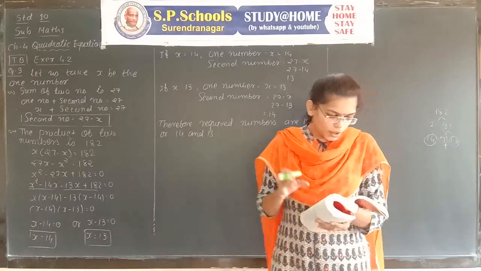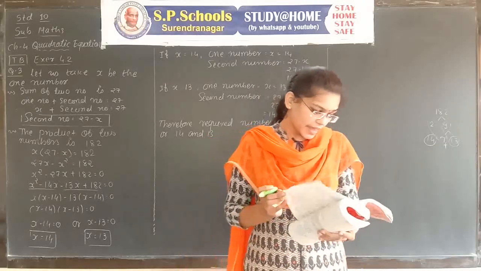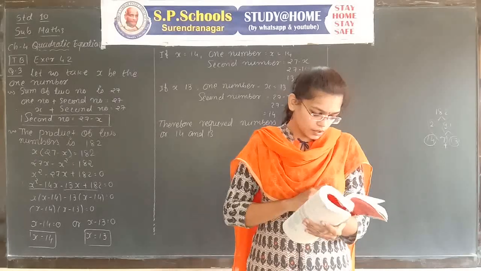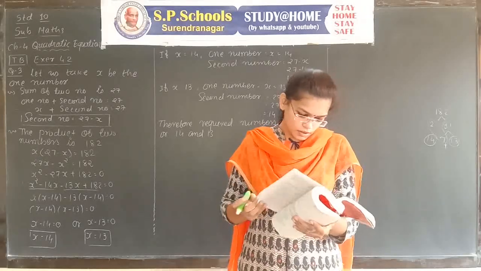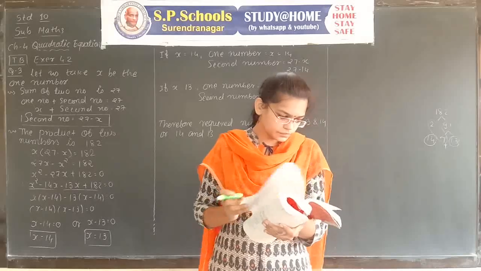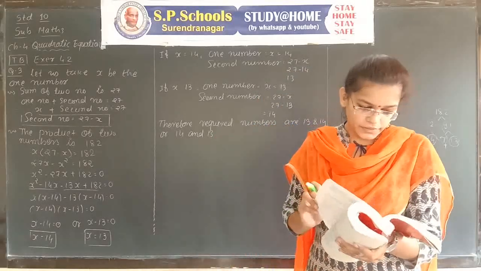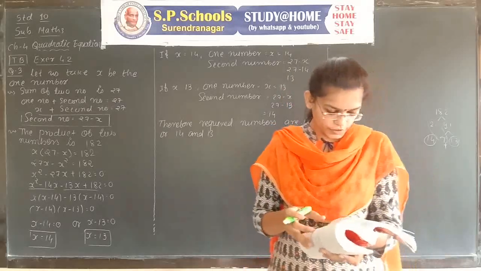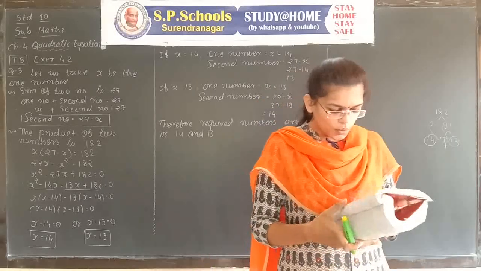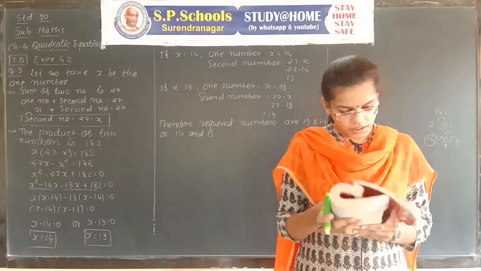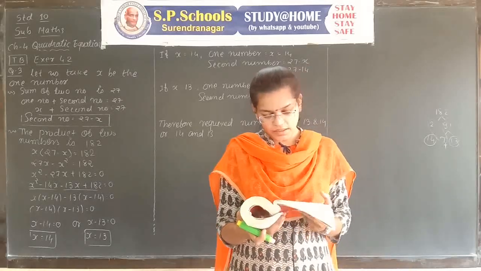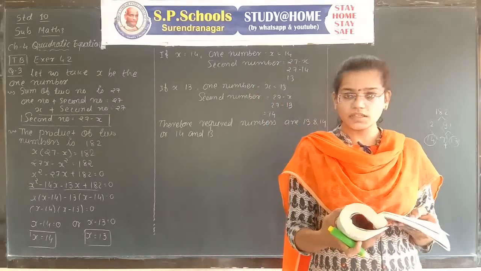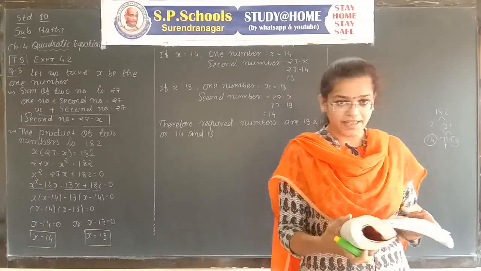The fourth question is the same as question number 2 from exercise 4.1, which is very easy. Find two consecutive positive integers, the sum of whose squares is 365. As we know, what are two consecutive positive integers? One is x and the second is x plus 1.